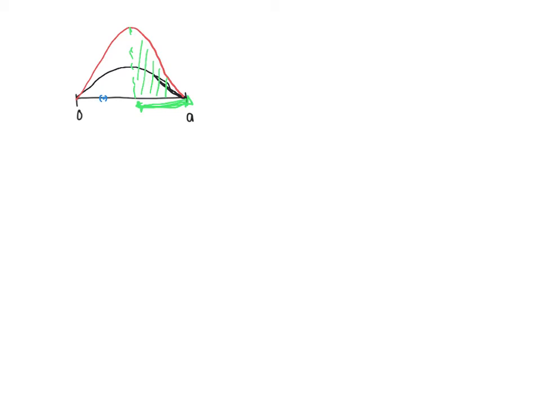If I want to do that, then I need to actually integrate. I need to add up all the probabilities from this point, which is a over 2, to a. So the probability that my particle is between a over 2 and a is equal to the integral from a over 2 to a of 2 over a sine squared pi x over a dx, because I'm adding up all the probabilities in that range.